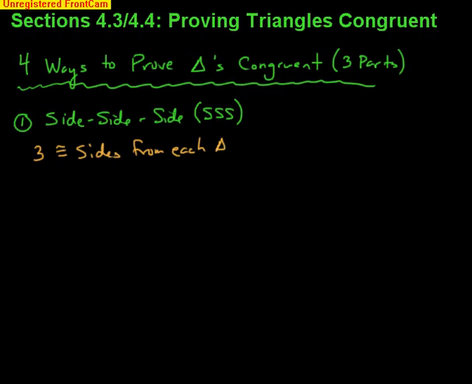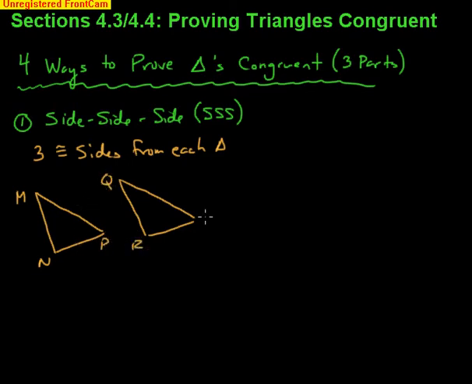If we draw a very simple picture, that'll be one triangle, and here's another triangle. Let's call this triangle MNP, and this one QRS.